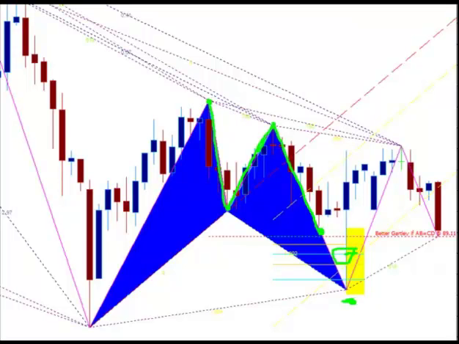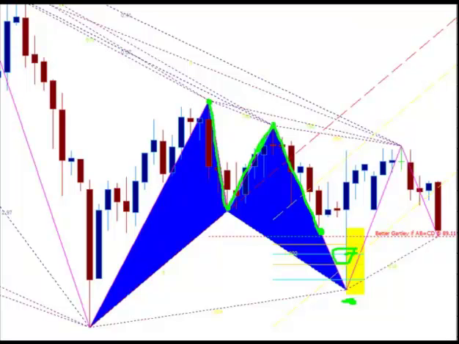But the key is that the AB equals CD pattern finishes in the PRZ, and this tells us that the structure, and therefore the odds, are on our side and it is most likely going to work out based on probability.